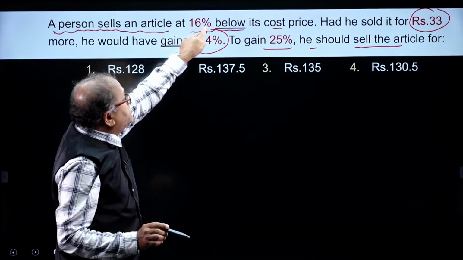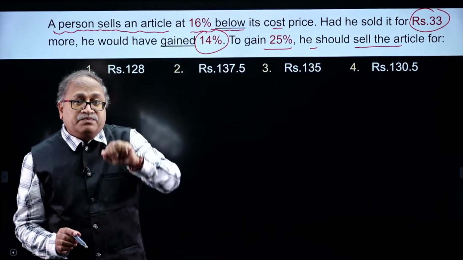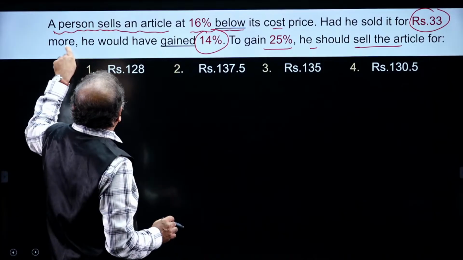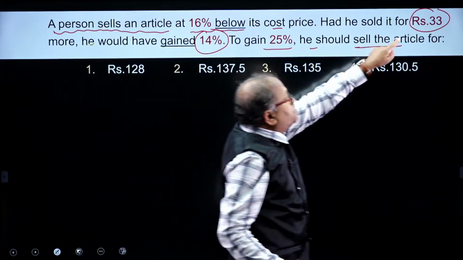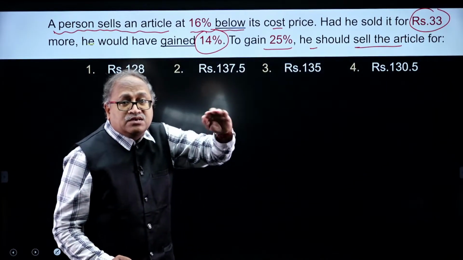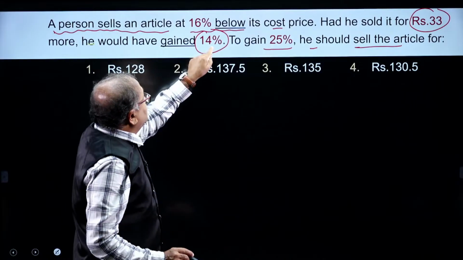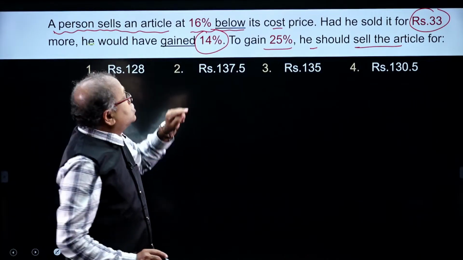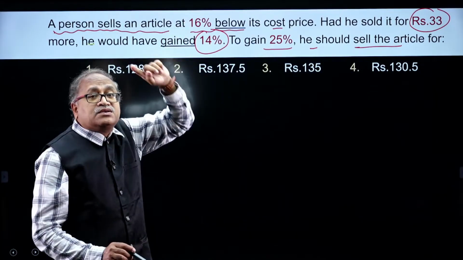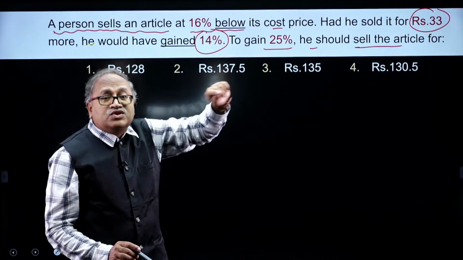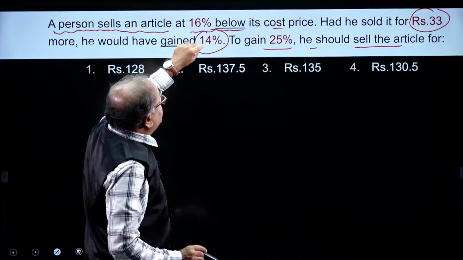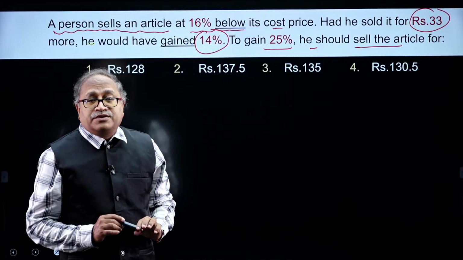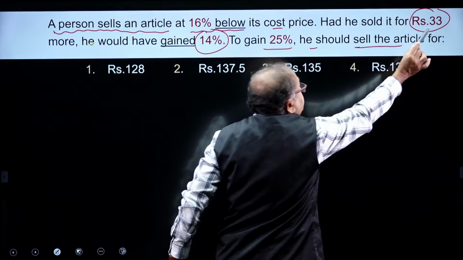Earlier, it is 16% below the cost price, that means 16% loss. And if we increase the selling price by rupees 33, there is a profit of 14%. So, what is the percentage difference from the earlier CP to the new one? That is 16 plus 14, 30%, and 33 rupees.